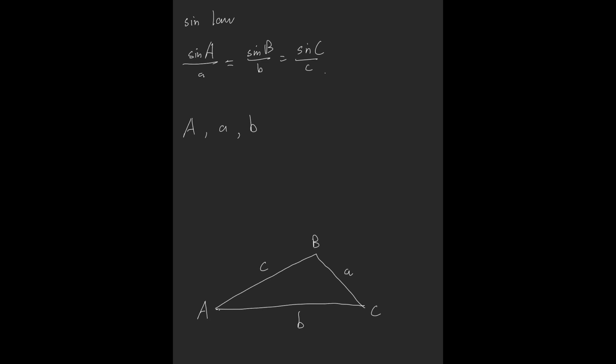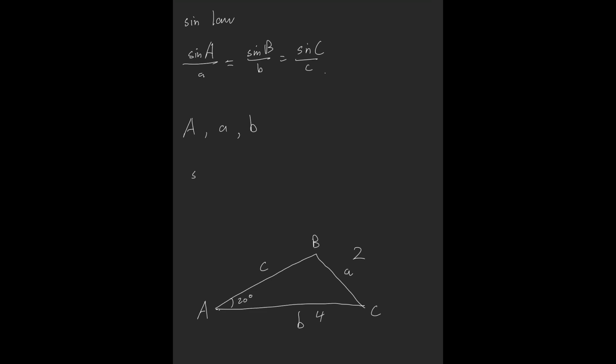And let's put some numbers to this. So we have sine A over a. Let A be 20 degrees, and side length a be 2. Let b, let's say it's 4.